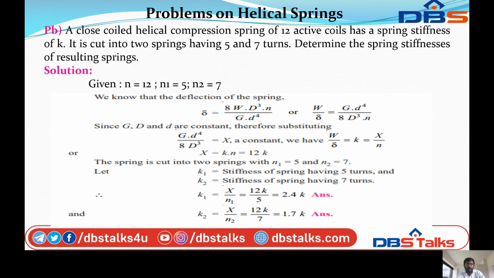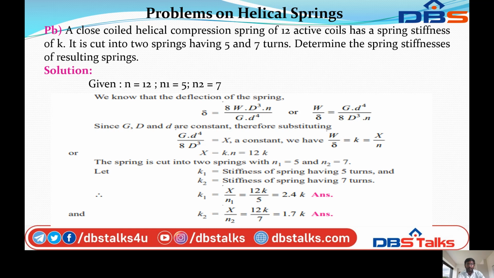So in this problem, the closed coil helical spring has 12 active coils. We cut these 12 active coils into two springs, having 5 turns in one spring and 7 turns in the other spring. So total 5 plus 7 equals 12 active coils. Determine the spring stiffness of the resulting springs.